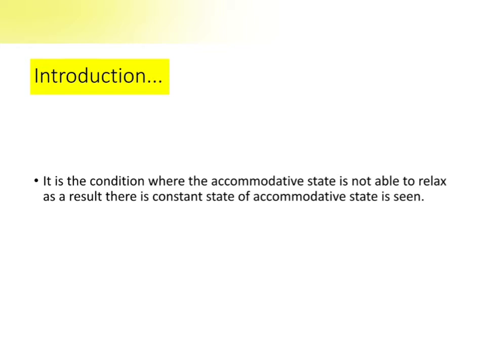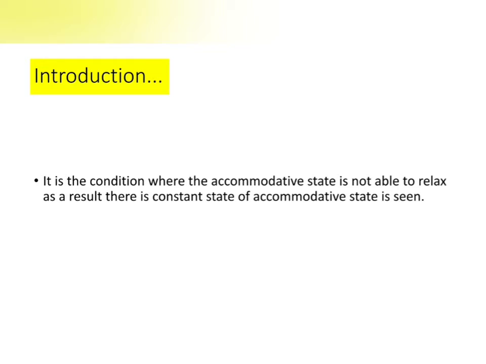But when the lens accommodates, its refractive power also increases. So if this accommodation still persists for distant objects also, then due to this over-positive power buildup in the lens, it will lead to the production of myopia, which we are going to discuss also.